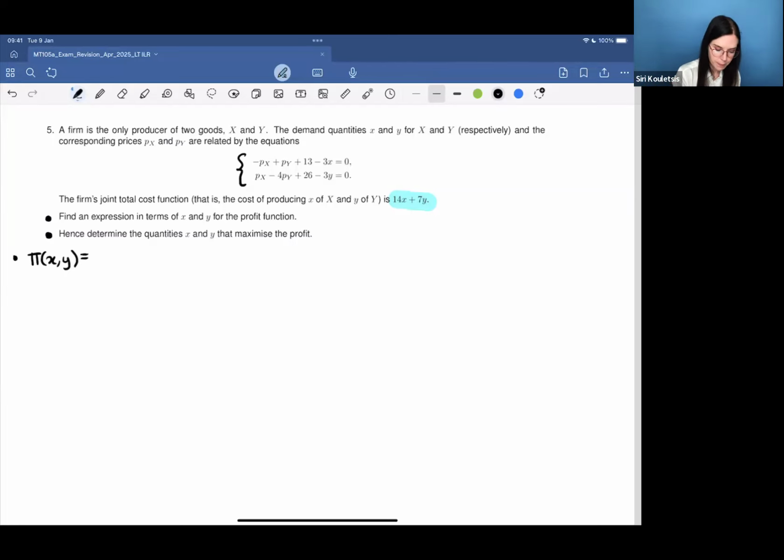And that is total revenue minus total cost. And the total revenue here we work out by simply multiplying the quantity X of product X times its price.